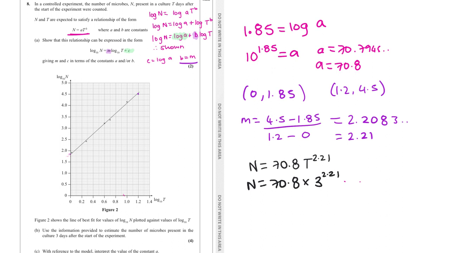This equals 802.55. It doesn't actually say, we'll just do three significant figures again, which equals 803 microbes.